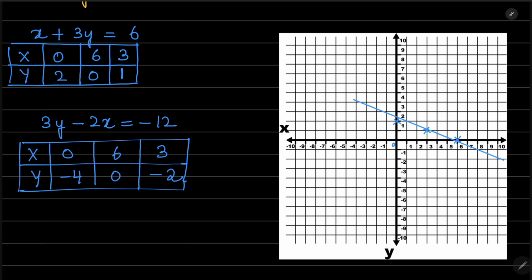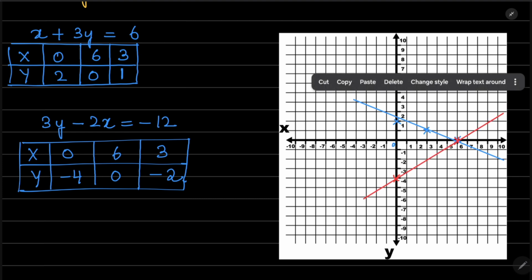Okay, so that's your first line. The second line is 0, minus 4. Let me change the color. 0, minus 4 happens to be here. And then 6, 0 is the same point. So let us just draw a line from here, like this. Okay. So now you can see.